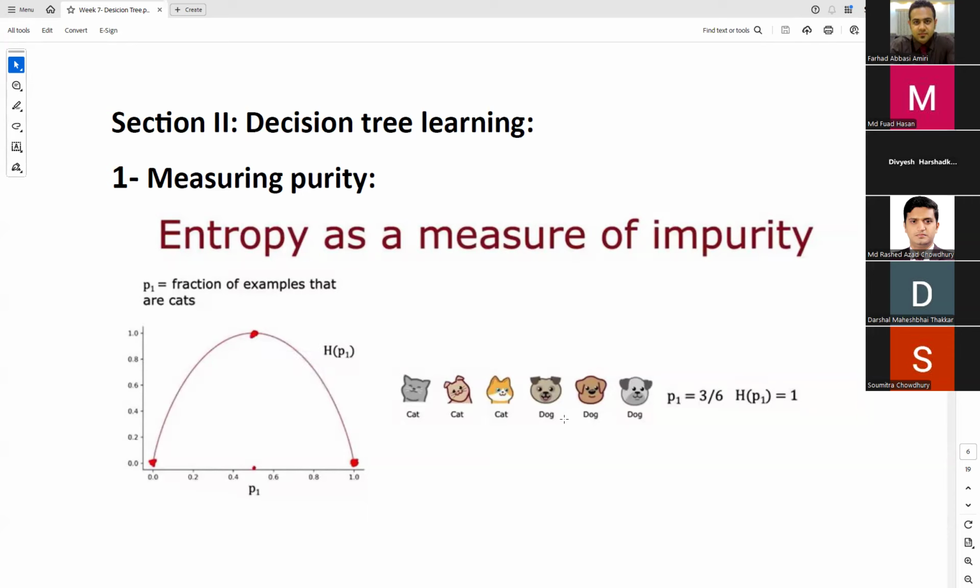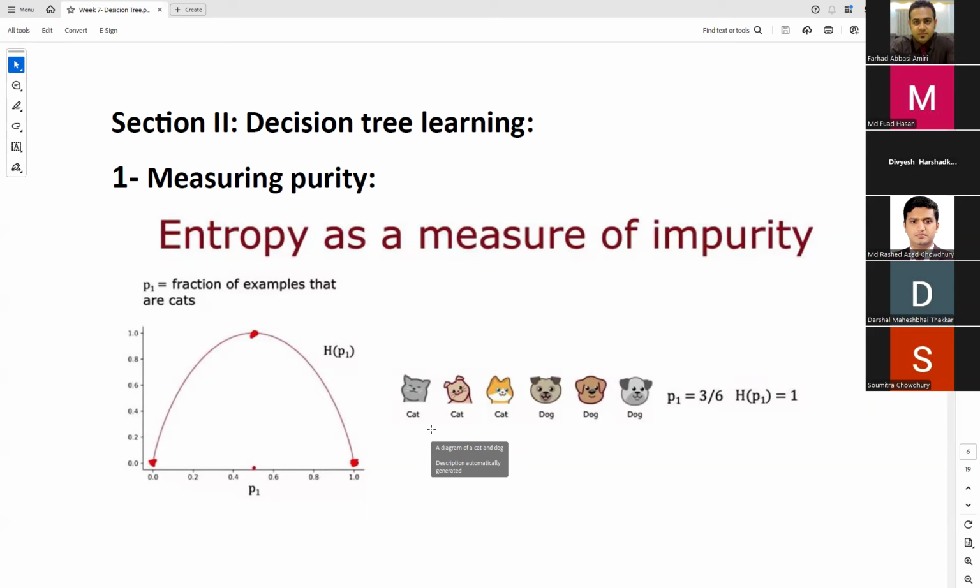It's a mixture of cat and dog. Half of them are cats, half are dogs, and the entropy is 1. Entropy changes from 0 to 1. You see, H of P1 changes from 0 up to 1. In this way, you can measure the impurity by calculating H of P1, the entropy.